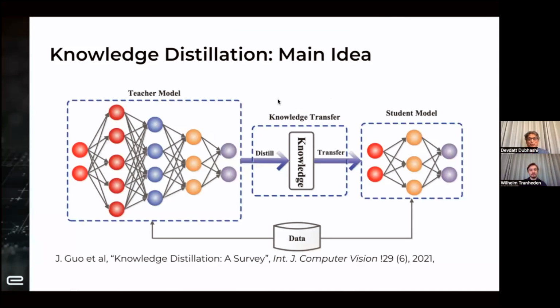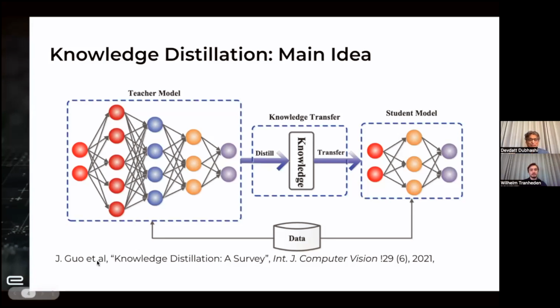But if you want to do efficient deep learning, you want to do it with a small, agile student network that can run with much reduced resources on much reduced compute in a small device sitting somewhere in your home application. And the idea is that you should transfer the knowledge that this big neural network has in a way that can be used in the smaller model. So you want to transfer the knowledge from the teacher model to the student model. And that's the basic intuitive idea of knowledge distillation.